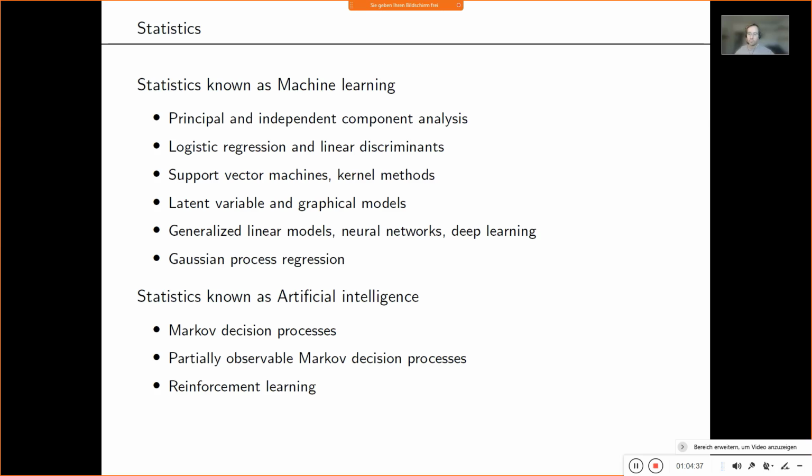And then topics in AI, I mainly see Markov decision processes, partially observable Markov decision processes, and reinforcement learning. This is stuff that I've taught occasionally, not very much, but the real work that I'm doing happens in this area, relating mainly to partially observable Markov decision processes, because human cognition, I think, can be best discussed from a scientific perspective in this context.